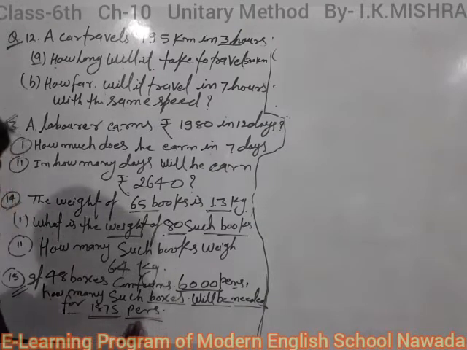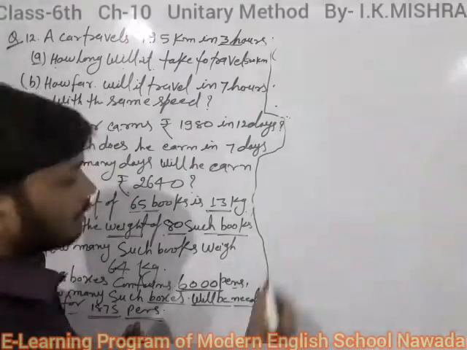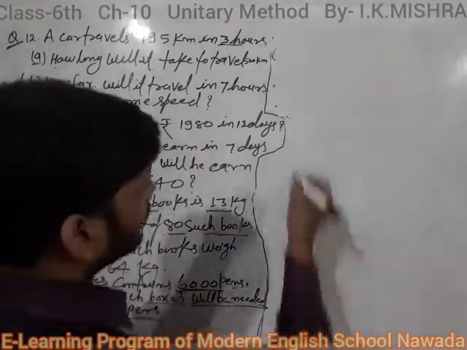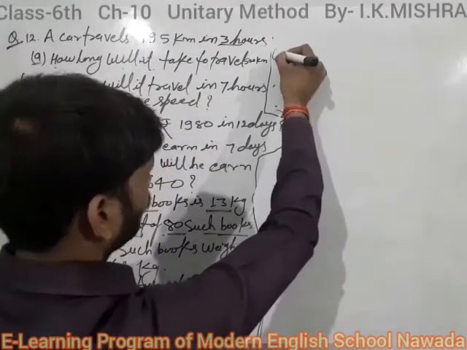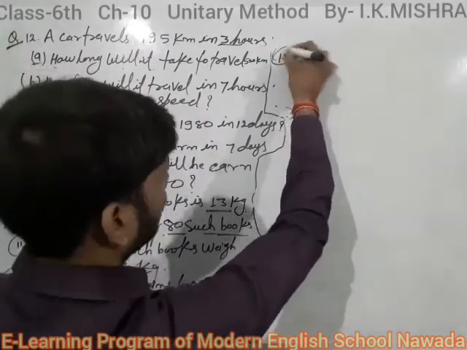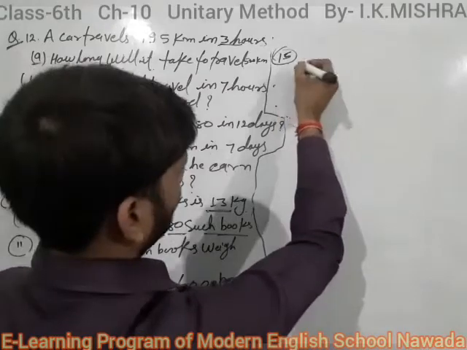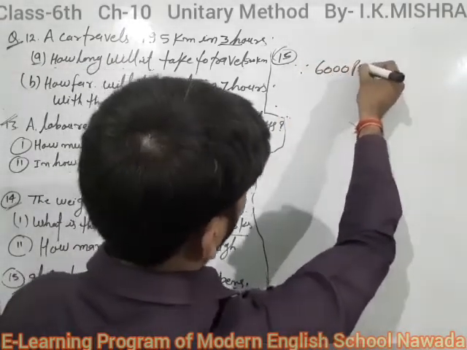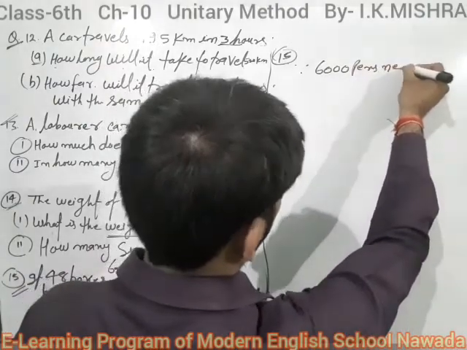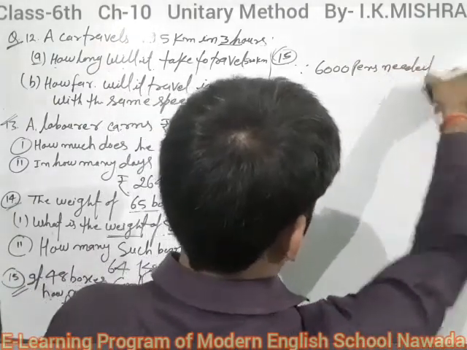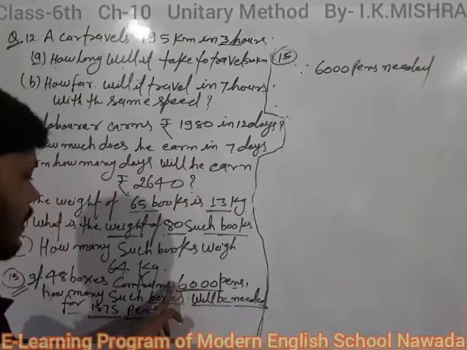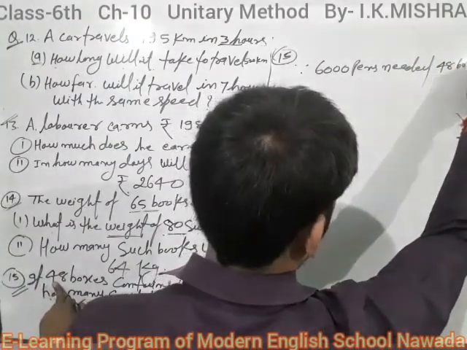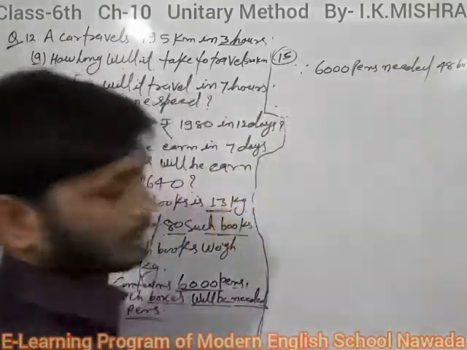That means students, here write, for 6000 pens, question number 15, 48 boxes are needed.